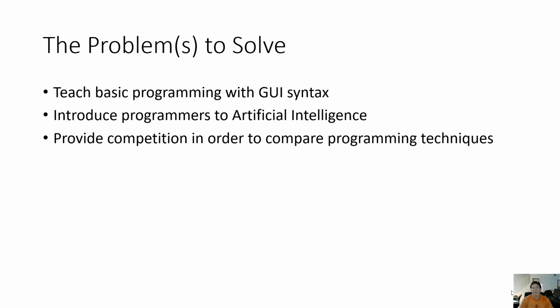And the third thing is to provide a competition in order to compare programming techniques. So if I create a tank or robot, I'm going to probably use those interchangeably a bit here.